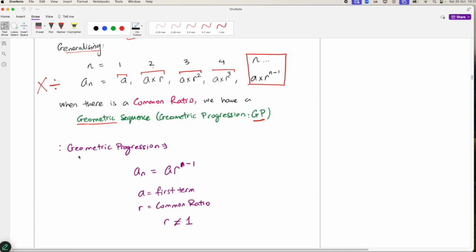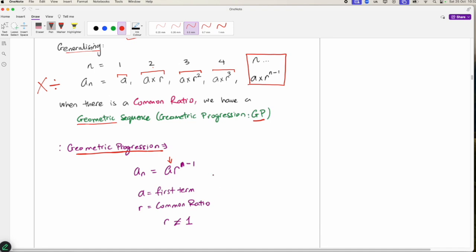For a geometric progression, the formula to find not just the nth term, but also the actual sequence, the rule for the sequence itself, is: a subscript n is equal to a, which is the first term, multiplied by r to the n minus 1, where r is the common ratio.